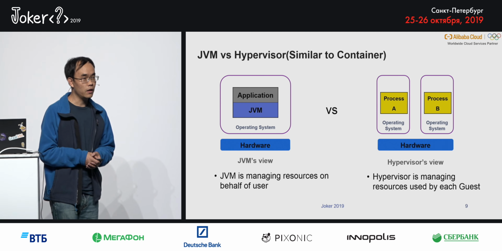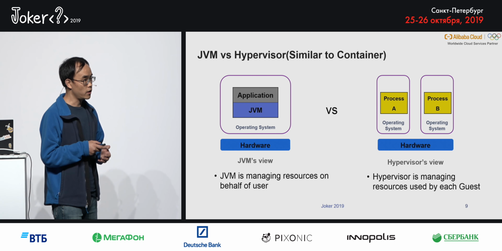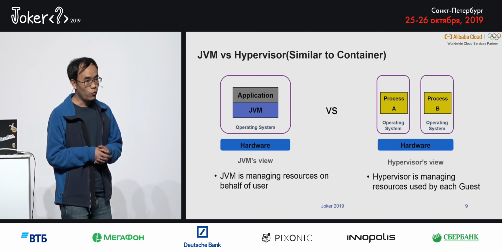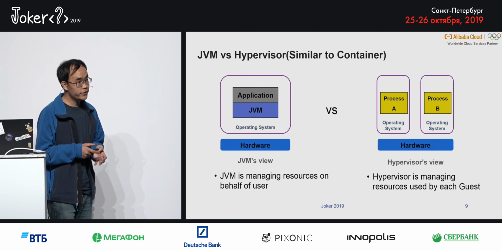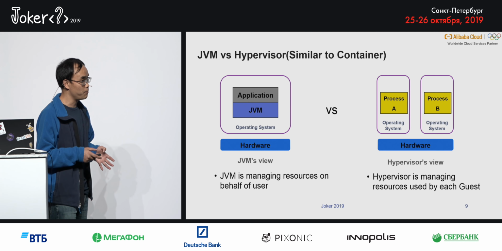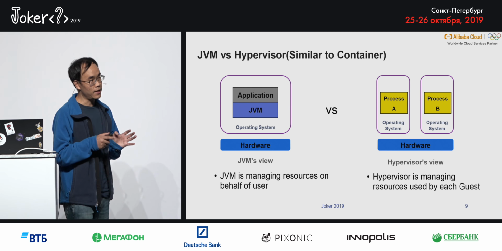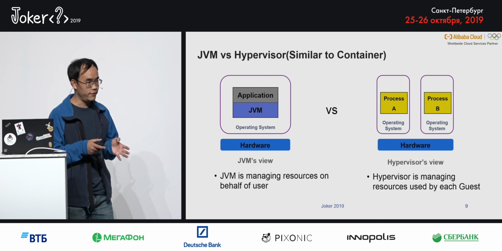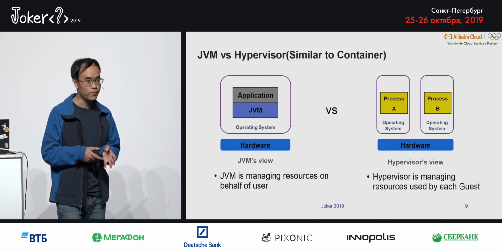If we look at the cloud from a resource management point of view, you can look at the picture, we have two views. From the JVM view, the JVM is managing resources on behalf of the user. Even if you don't use memory, the JVM may not have the ability to return unused memory to the OS.